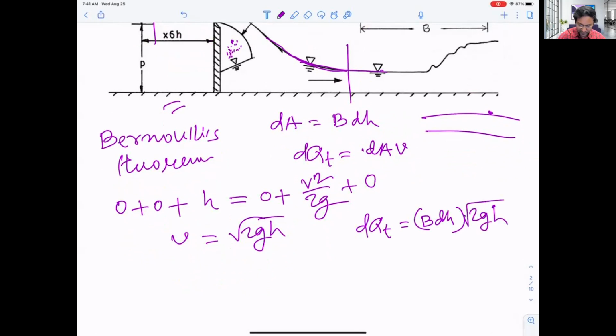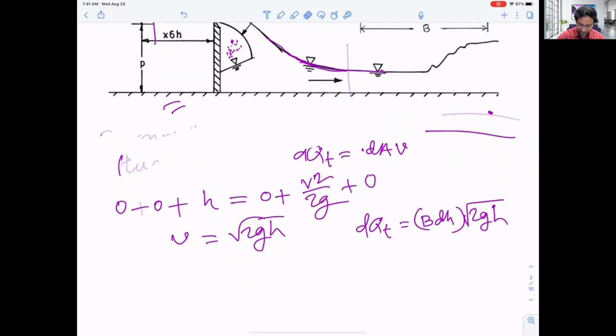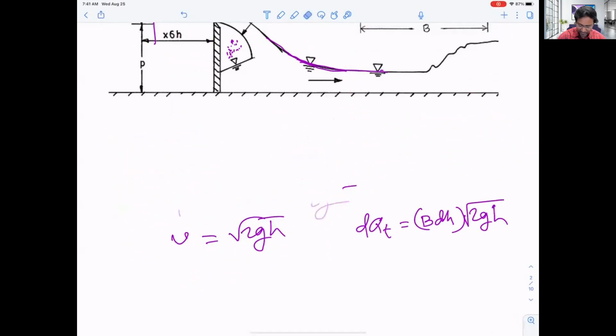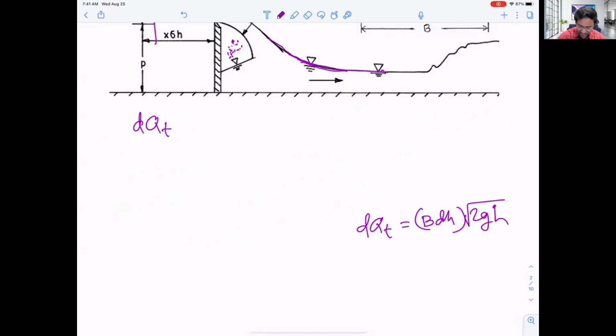Let me quickly clear this and derive that equation. So we have dQt is equal to B root over 2g, and then h to the power half, and dH. These are the constants we have.